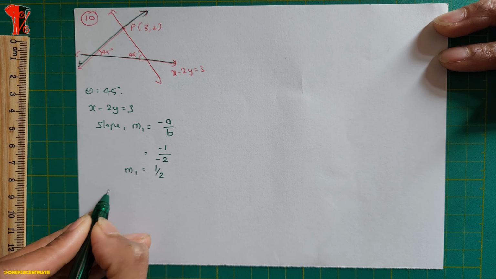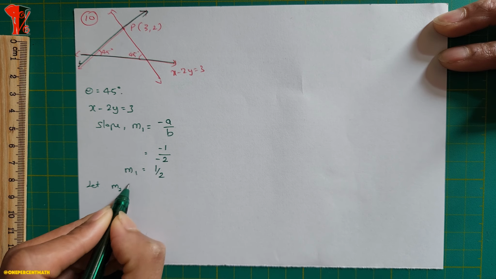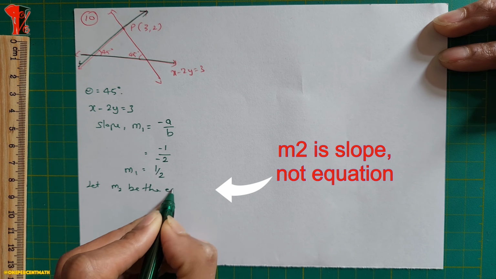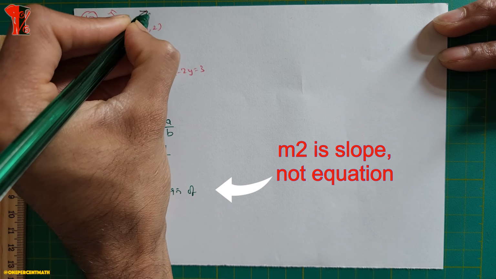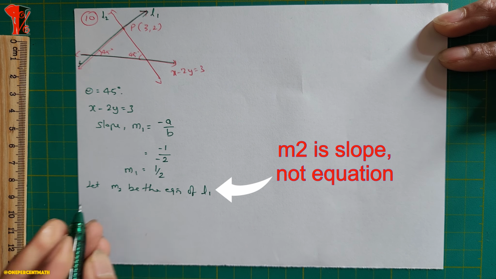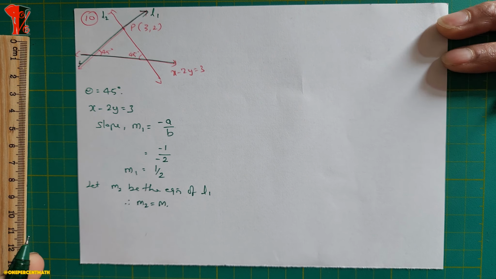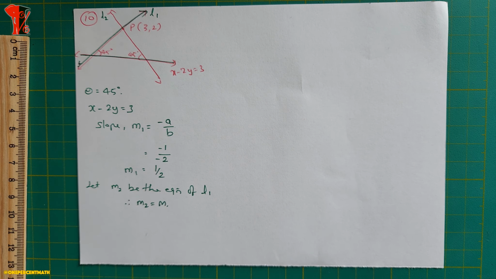Okay, then what about m2? So let m2 be the slope of the line L2 or L1, we can take. Okay, let us take it as L1. So therefore I can write m2 is equal to m. Okay, once after writing this, we can go with the slope formula. So what is the slope formula?